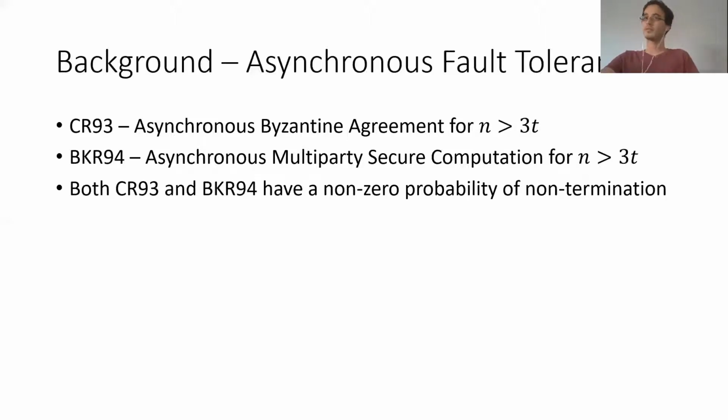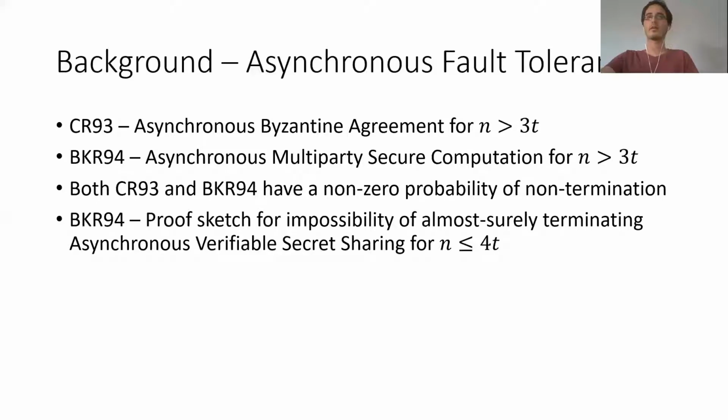The problem is that both of these works had an annoying property, as they said, of a non-zero probability of non-termination. Now, BKR even provided a sketch of a proof that it is impossible to achieve an almost surely terminating asynchronous verifiable secret sharing if n is less than 4t in the face of Byzantine failures in asynchronous systems.